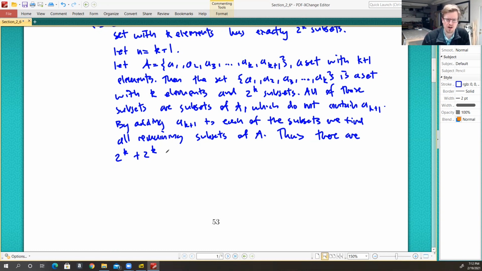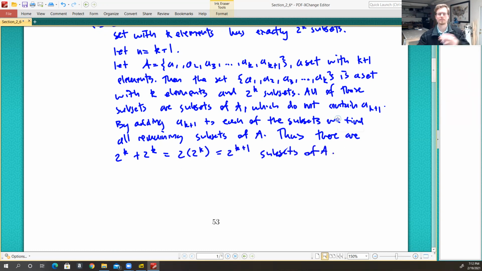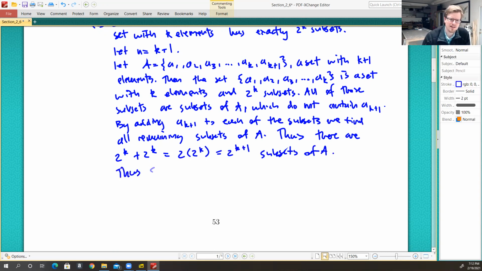So thus, there are 2 to the k plus 2 to the k, which is 2 times 2 to the k, or 2 to the k plus 1 subsets of A. Fantastic. That's it. Thus, S of k plus 1 is true.